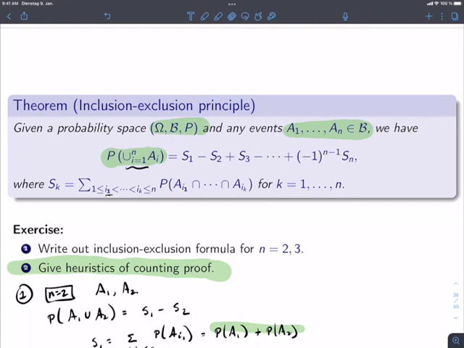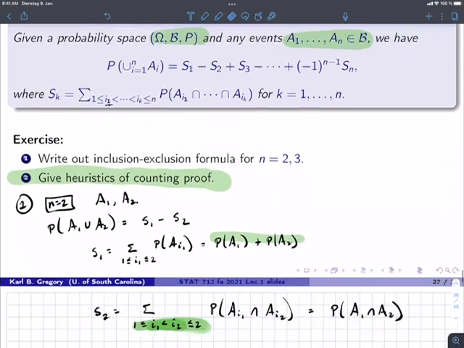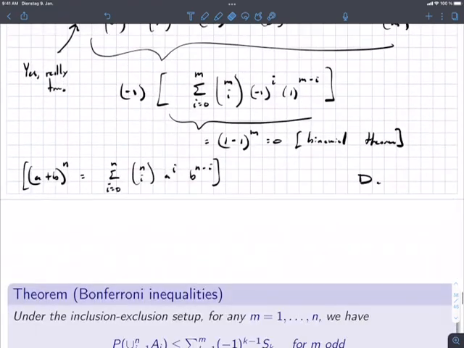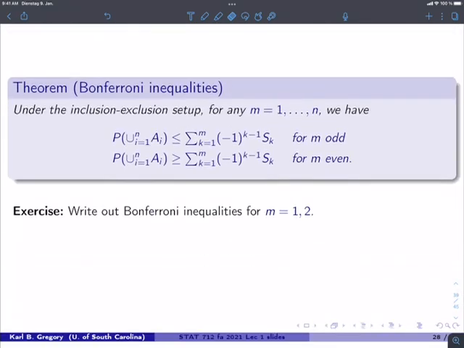So we can compute this left-hand side exactly by including all these terms. But if we want a lower or upper bound, then we can just stop after a certain number of terms and get a lower or upper bound. And that's what this is telling us.